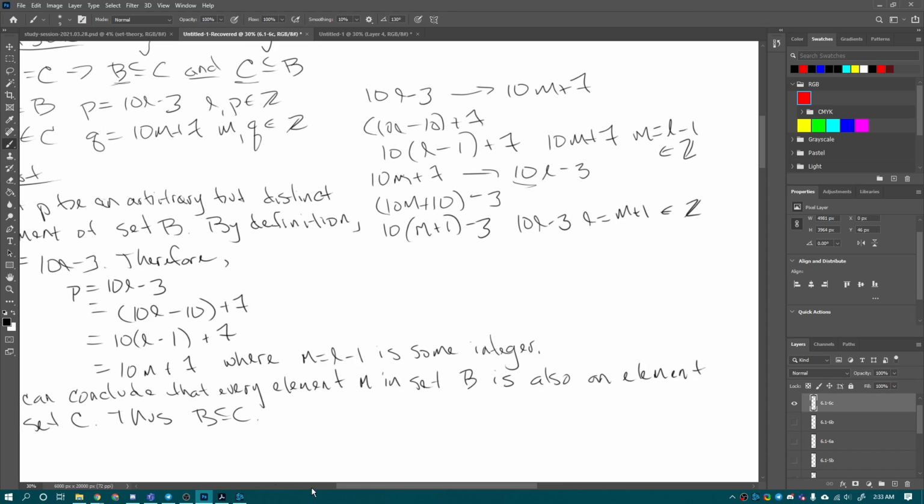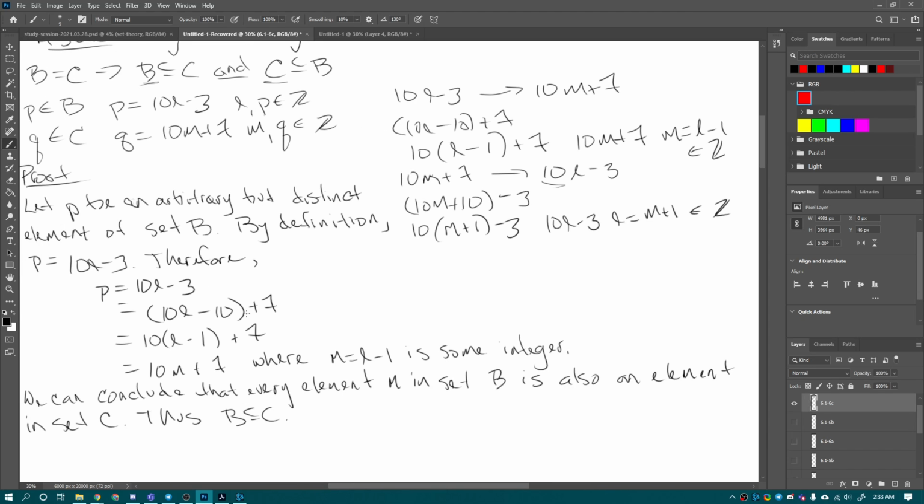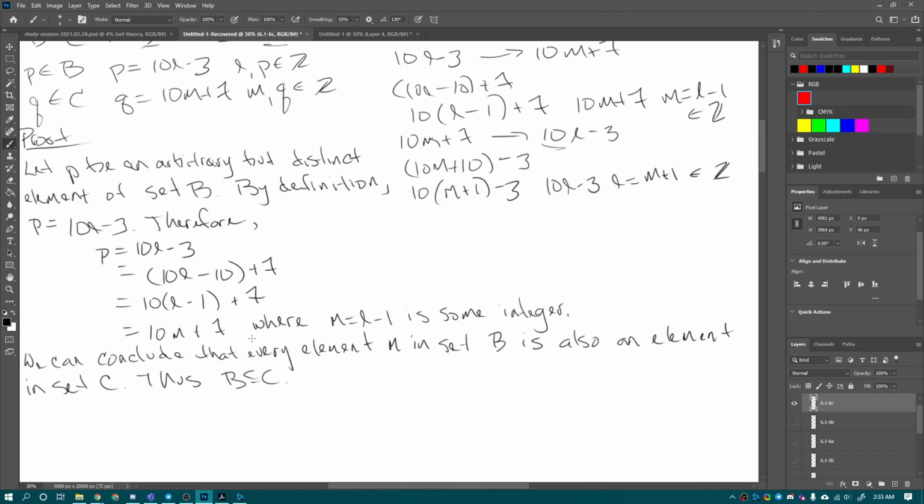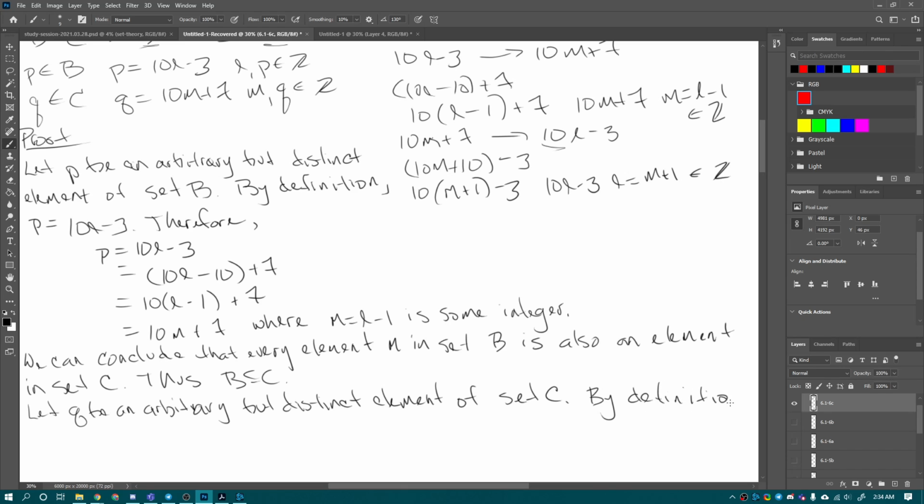Now we're going to do exactly the same thing that we just did, but now with the Q and with C. So the next paragraph is: let Q be an arbitrary but distinct element of set C. By definition, Q is equal to 10M plus 7.